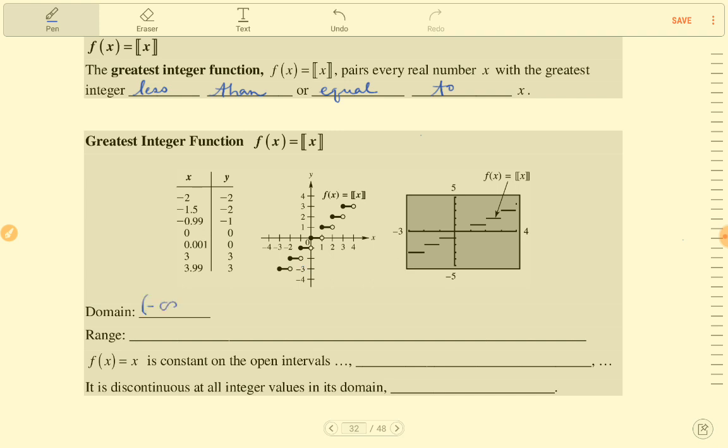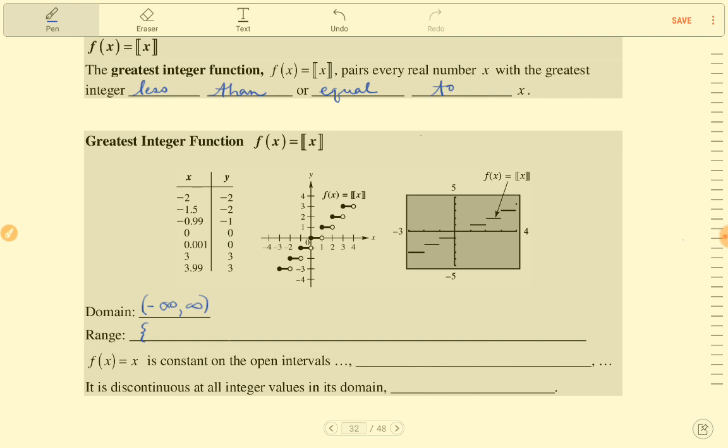There's no restriction on the domain of x, but there is a restriction on the y values, because the y values are jumps, they're not continuous. So even though the domain is kind of what we're used to seeing with a function, our range is actually going to be a list of values rather than an interval.